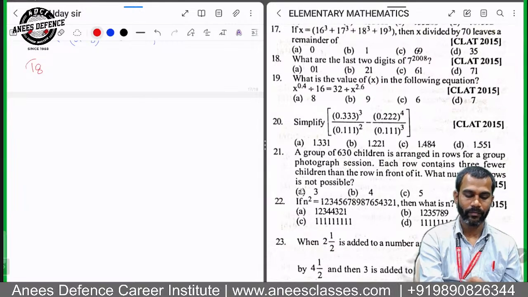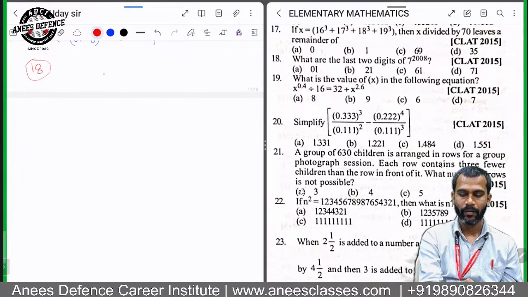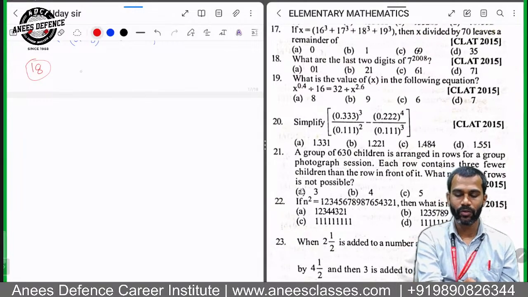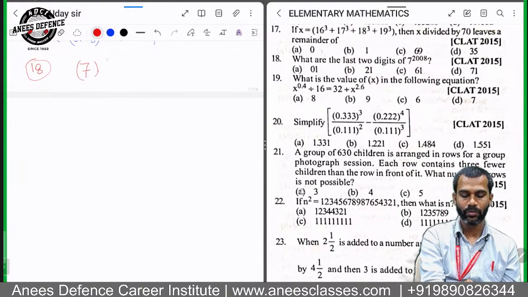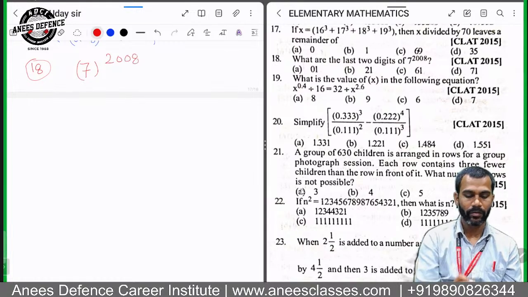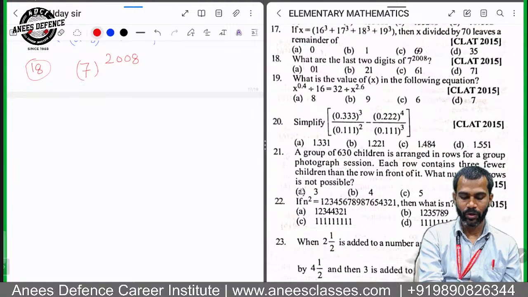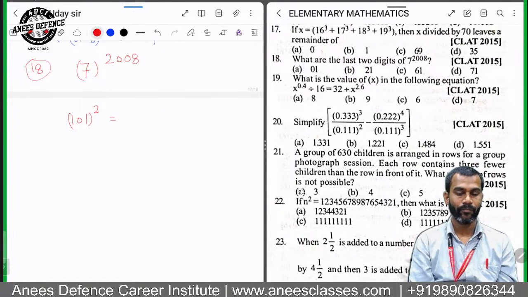Now, would you just tell me what is 101 square?